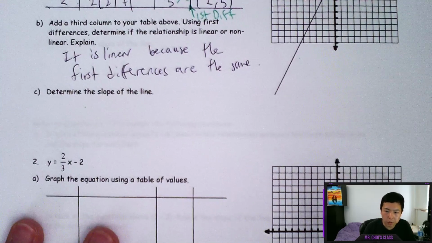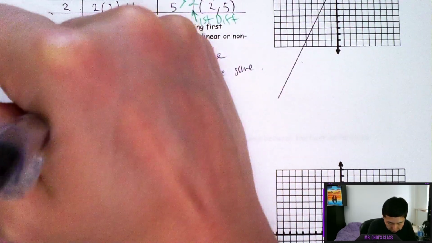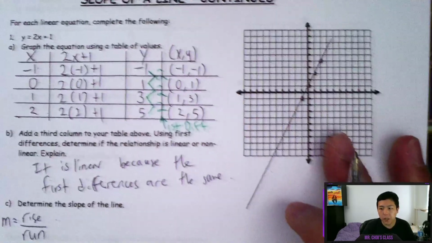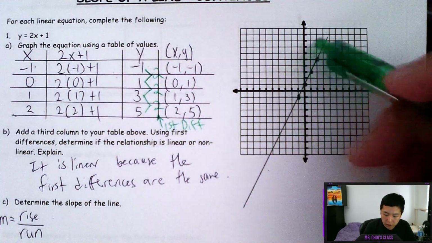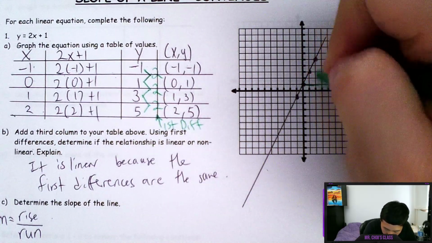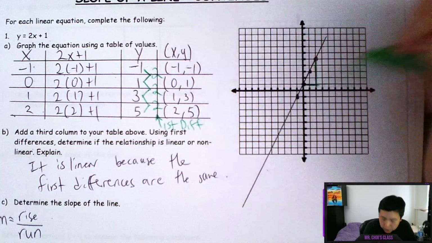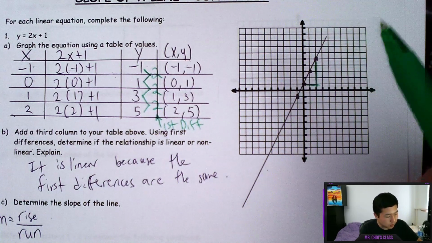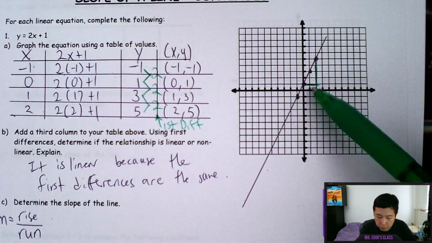Let's do rise over run real quick first. Remember that for rise over run, we just need to pick 2 points on this graph here. So let's pick 2 points. I'll pick these two. And I'll make a triangle here, so if you can see that there. Okay, so I've made a triangle here.